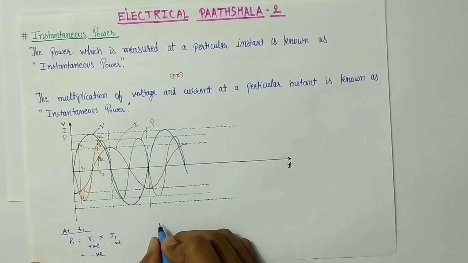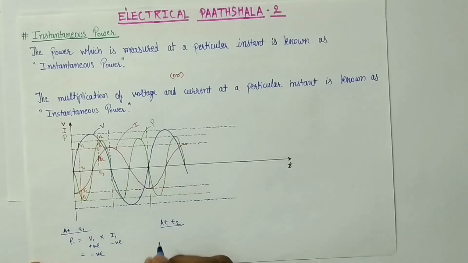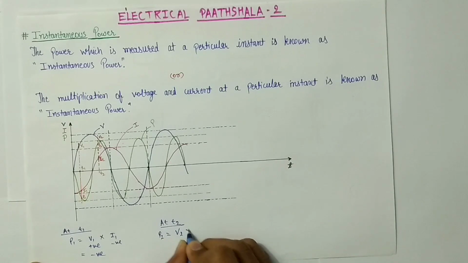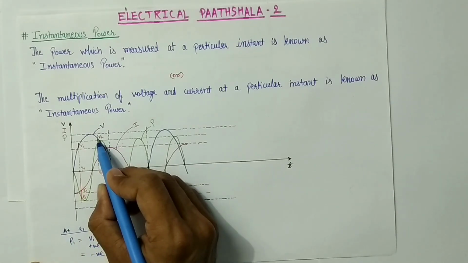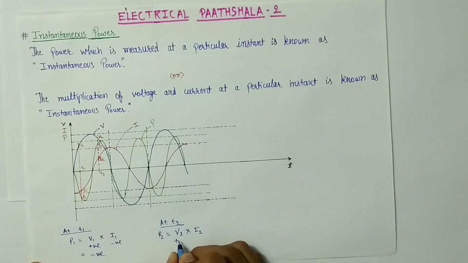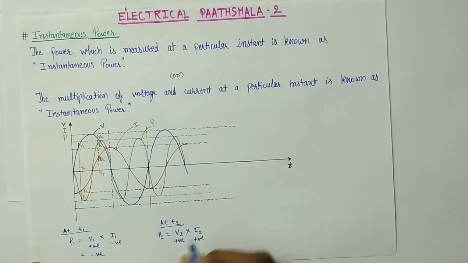Now at some another instant T2, what will be instantaneous power P2? V2 multiplied by I2. Now you can see in the waveform that at instant T2, voltage V2 is positive and current I2 is also positive.